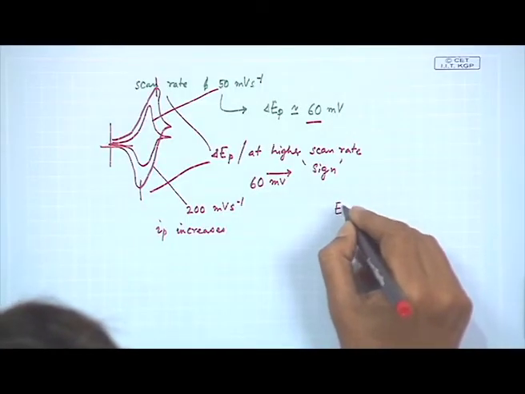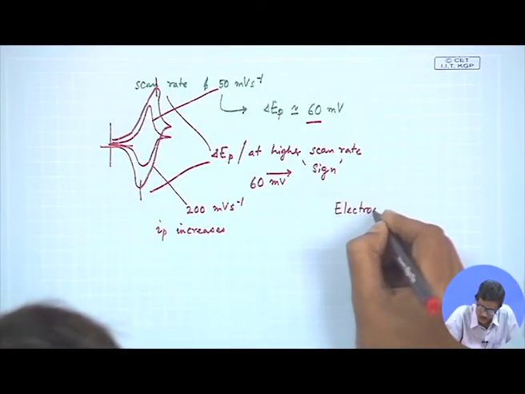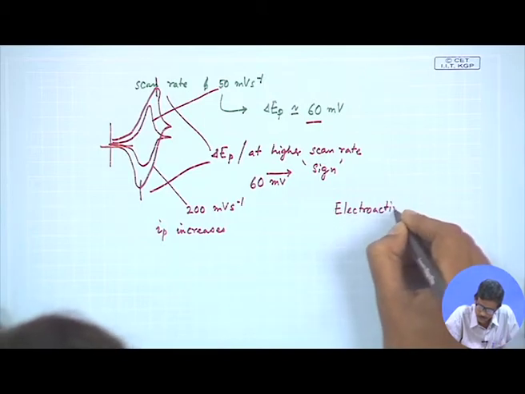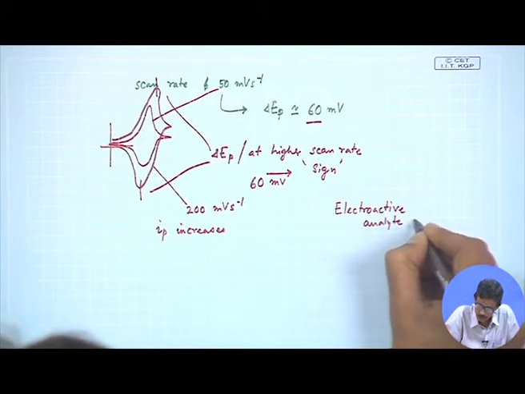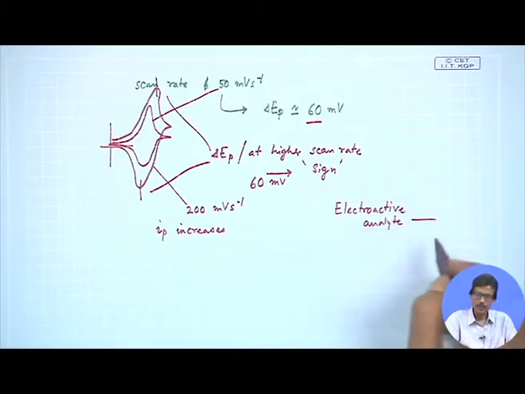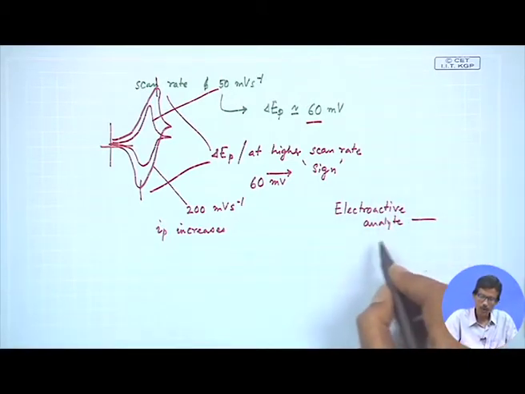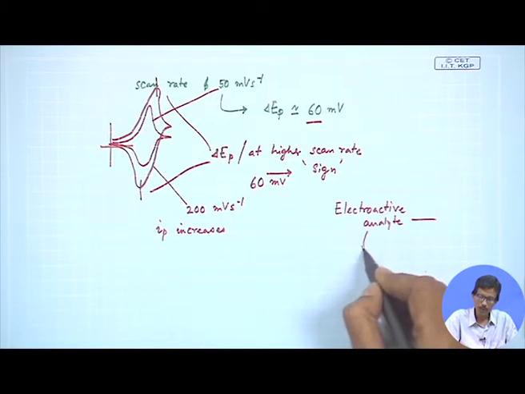So, now we will see some interesting information related to insecticide analysis, because this one is very important. If we have some electroactive analyte, we all know that most of the biological compounds can be electroactive.